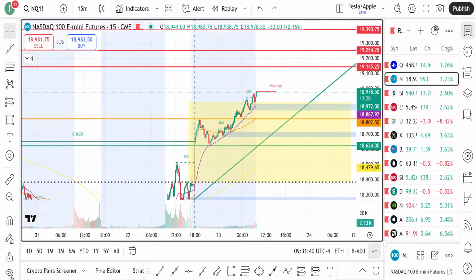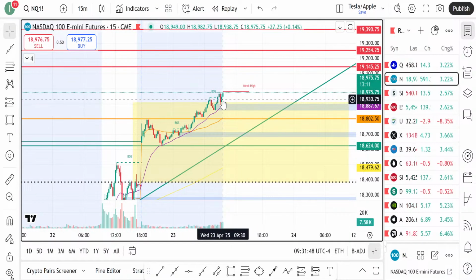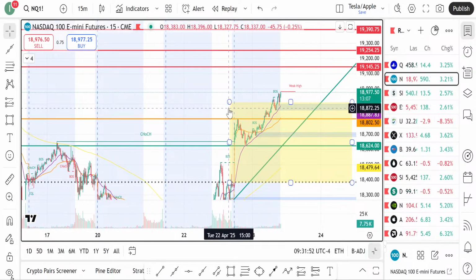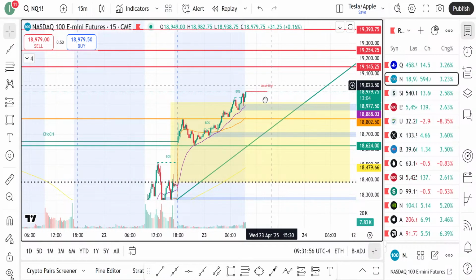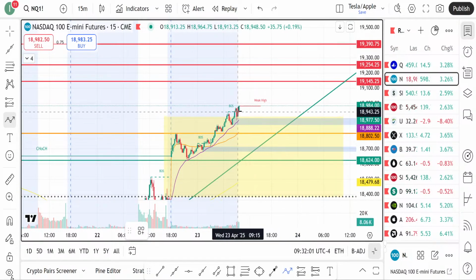All right, so market open. I'm just waiting now to see what the market wants to do here. We're seeing that the market is attempting to go higher. I'm thinking we're either gonna go up or down.